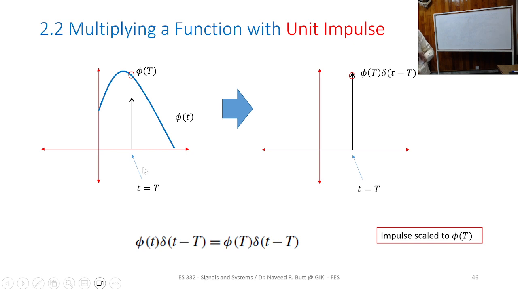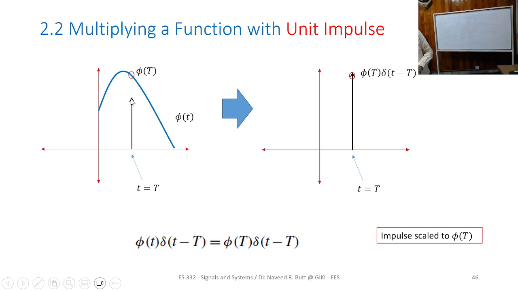You can see this graphically here. This is the value at time T, right? So on the right side you get an impulse. This is a full impulse because this is not a function. It's a constant now, a fixed value at capital T. This impulse is shifted to the right by T units.